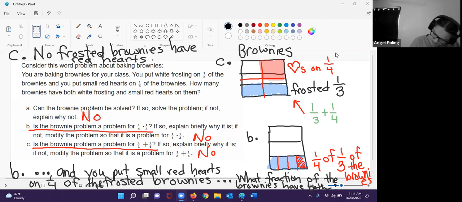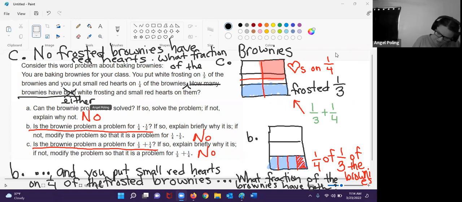So I'm inserting that here. What fraction of the brownies have either white frosting or small red hearts on them? So we've separated them. There's no overlap, and we're going to add the parts together.